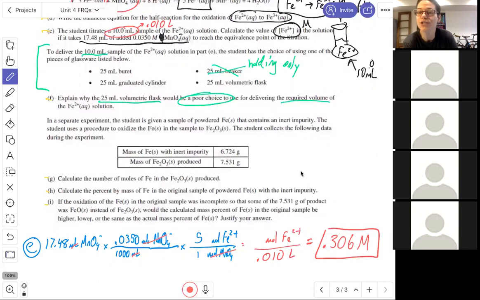What is the required volume of that solution? 10 milliliters. Oh, because volumetric flasks, aren't they only marked at what they're labeled? Yes, and that is the answer. It only has a 25 milliliter marking. So you will be guessing.